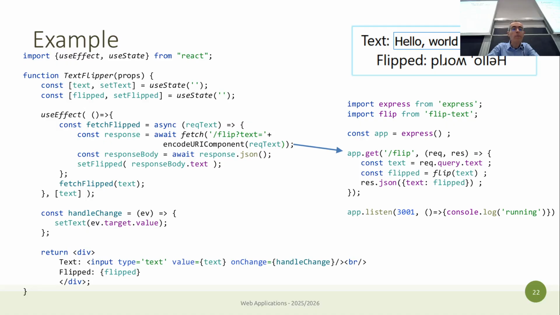Now we need to tell the server, actually, I have a different text, I want to get the flipped text version of such a text. How can we do it? Well, we could send a fetch here immediately.